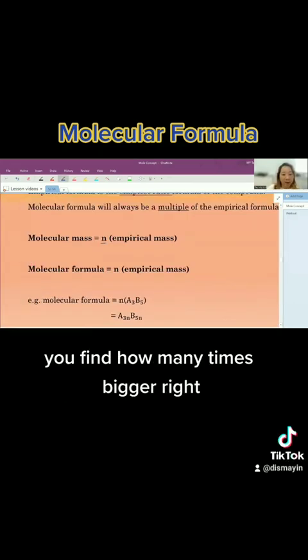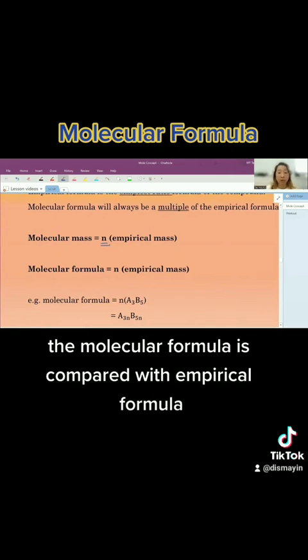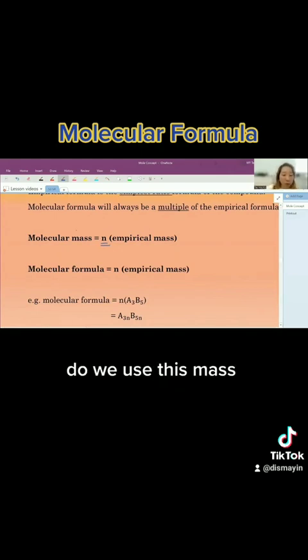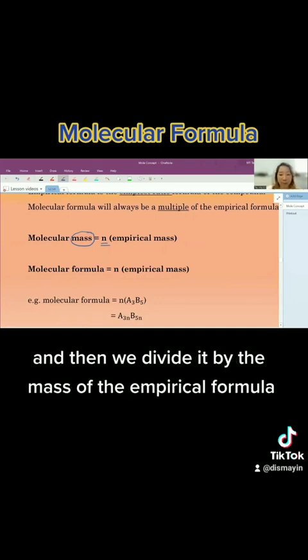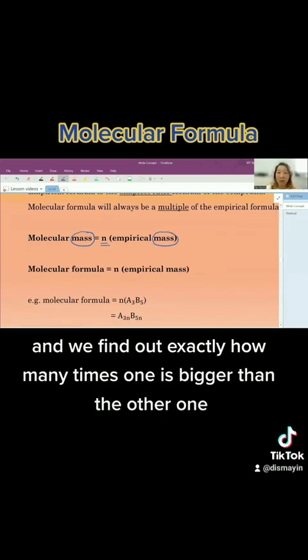To find how many times bigger the molecular formula is compared with the empirical formula, we use its mass. We use the mass of the actual molecular formula and then we divide it by the mass of the empirical formula. And we find out exactly how many times one is bigger than the other one.